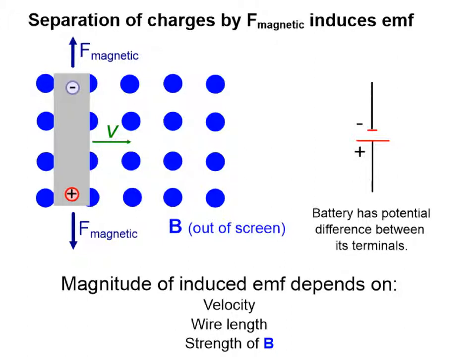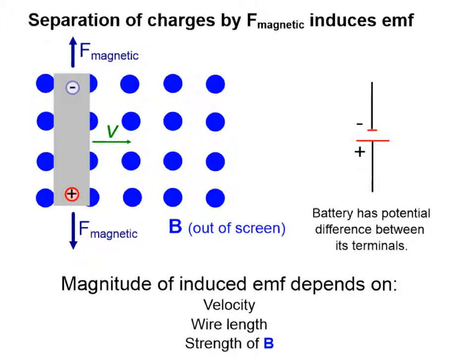And in this case, the magnetic force would be acting in this direction on the positive charges. The negative charges are going to be experiencing a magnetic force in that direction. So you can see that as this wire is moving through the magnetic field perpendicular to it, there is a separation of charges due to the different forces acting on the charges in that conducting wire.